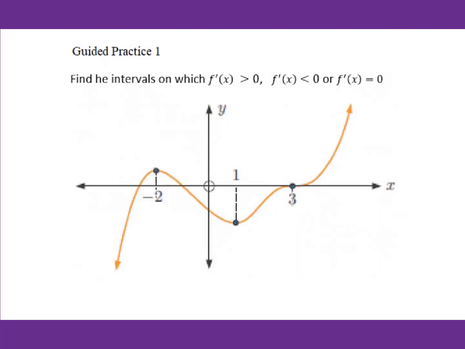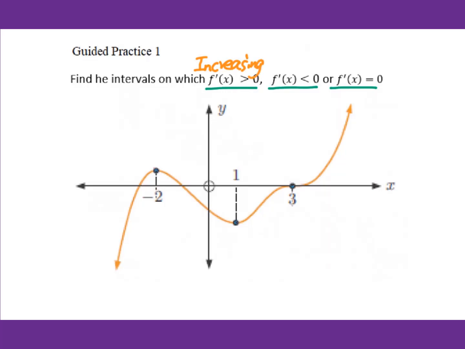Now let's go to guided practice 1. Find the intervals on which the first derivative is greater than 0, the first derivative is less than 0, or the first derivative equals 0. We know that the first derivative greater than 0 means an increasing graph.